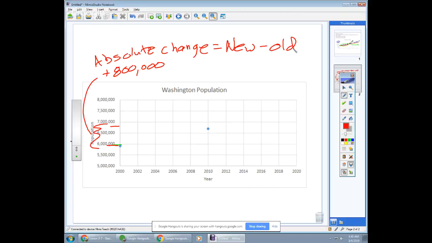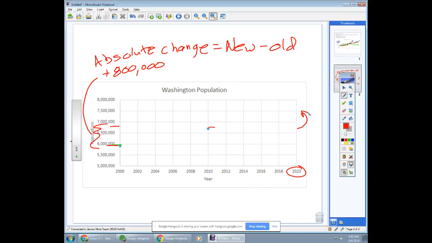So here we are at 6,700,000. Suppose that Washington State's prediction is they're going to get another 800,000 people, the same absolute change over the next 10 years. Okay. So 10 years later, in 2020, they're going to jump up by 800,000 again.